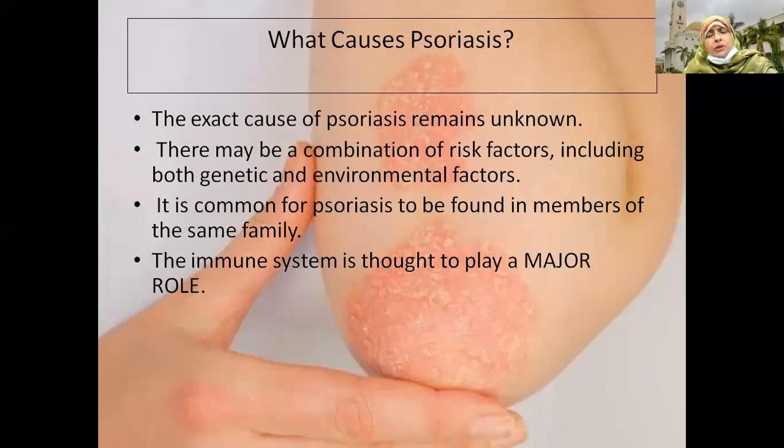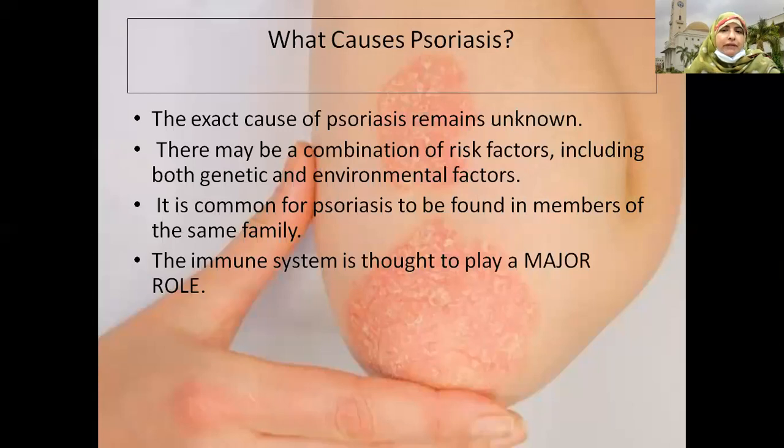Now, what actually causes psoriasis, we do not know. Exact cause is unknown, we say idiopathic, primary, or whatever. But there are a combination of risk factors that may be genetic as well as environmental. Yes, it is common to be found in the members of the family. It might be present in siblings and offspring as well, and immune system is thought to play a major role.